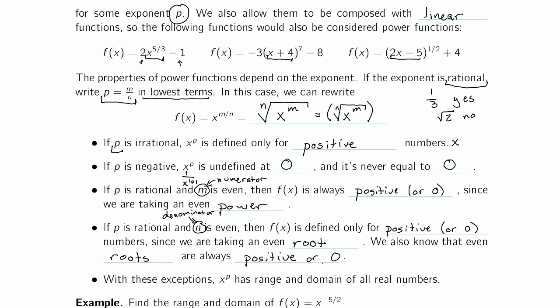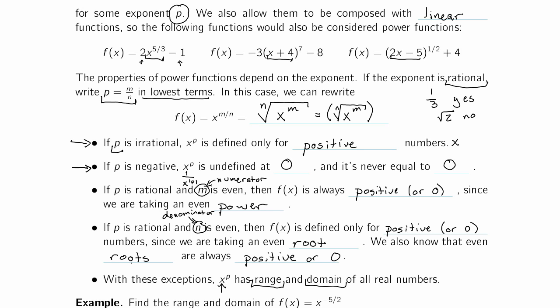And all of these facts are what we use to determine the domain and range of a power function. So if we have an irrational power, the domain and range consist of all the positive numbers.